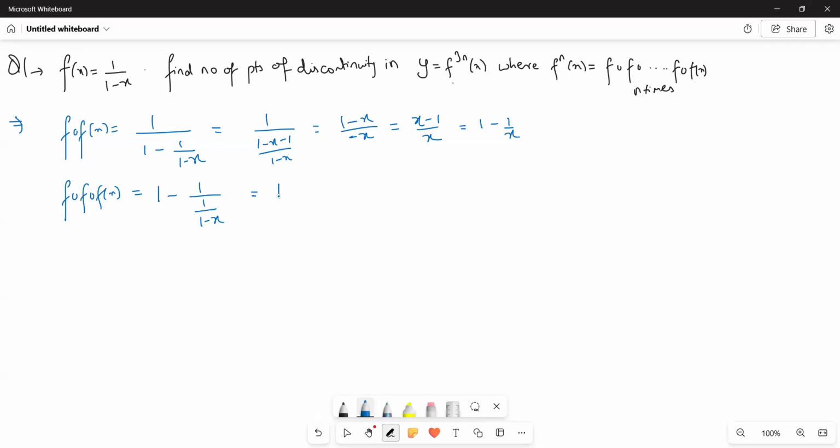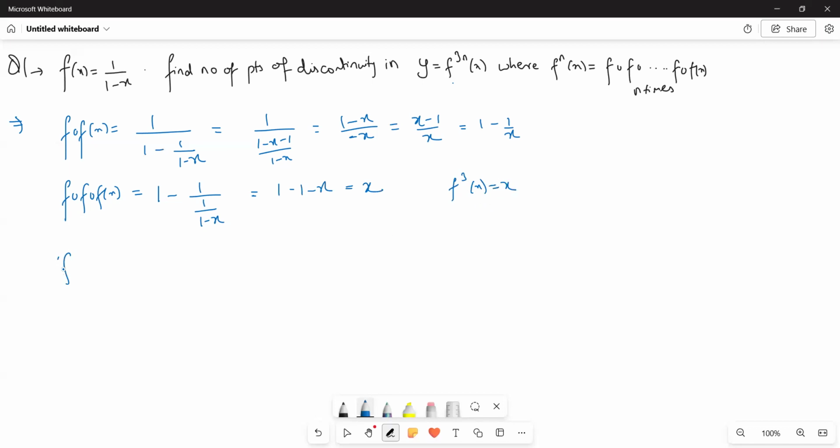So this will end up becoming 1 minus 1 minus x, which is x. So when we do the composition 3 times, we'll get x back. Every 3 compositions will give us x back.